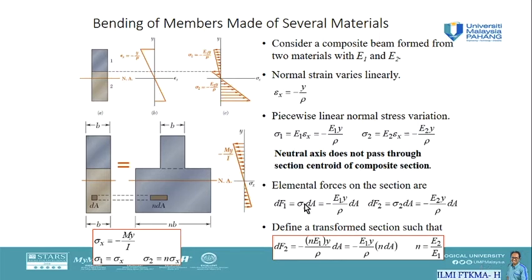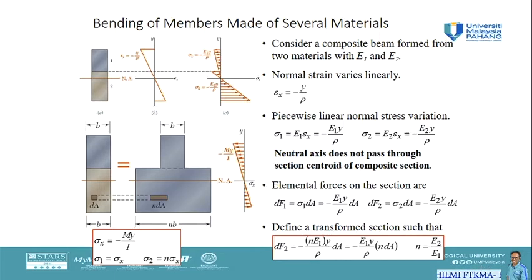We can replace the value of sigma 1 with the one that we have here, and we get negative E1 y times dA over rho. Similarly, we have the same elemental force for material 2, where dF2 equal to sigma 2 times dA, which is also equal to negative E2 y over rho dA.